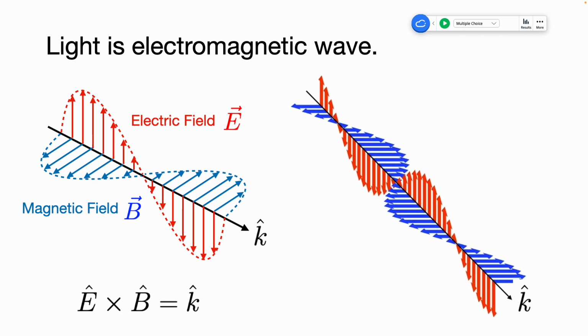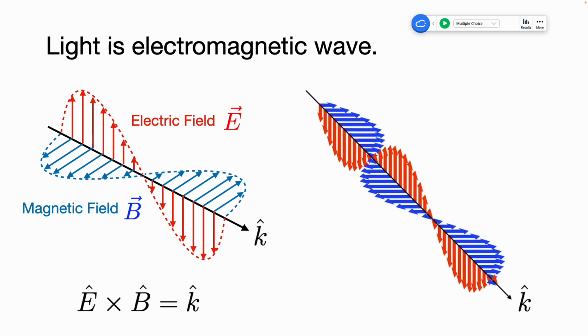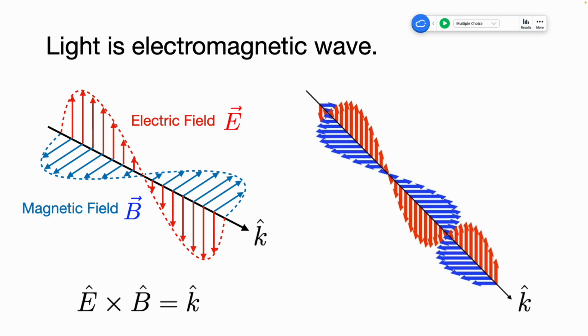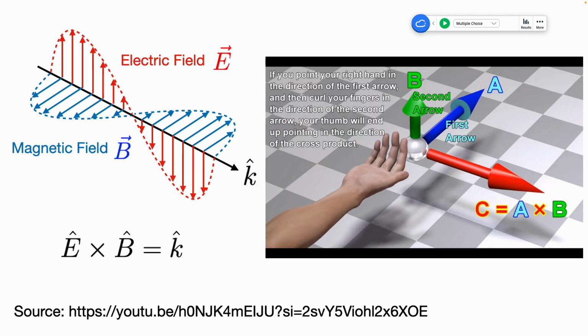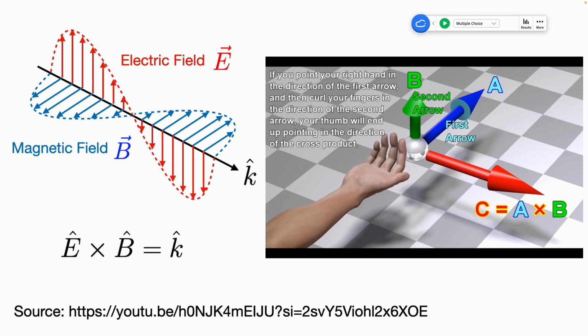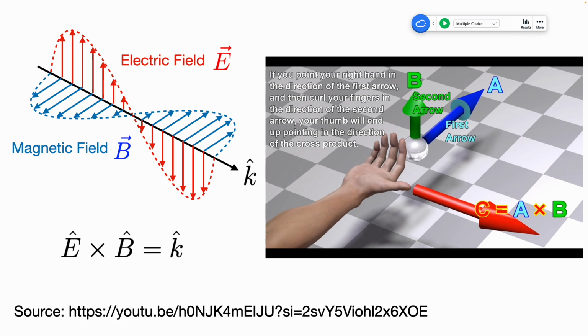So if you look at this thing, right now, right-hand rule. Let's make sure you know how to do right-hand rule. It is important, not in this class, but in 9C. Electric field cross magnetic field, then the result will be the direction that the wave is traveling.